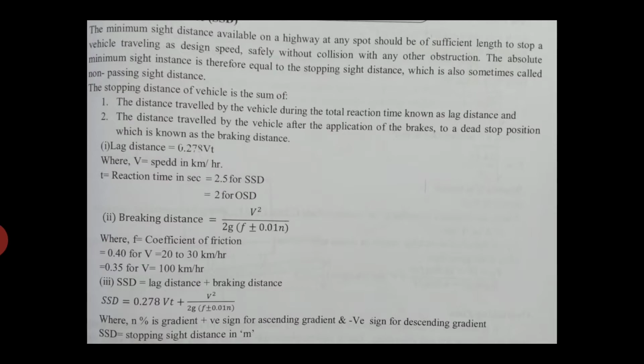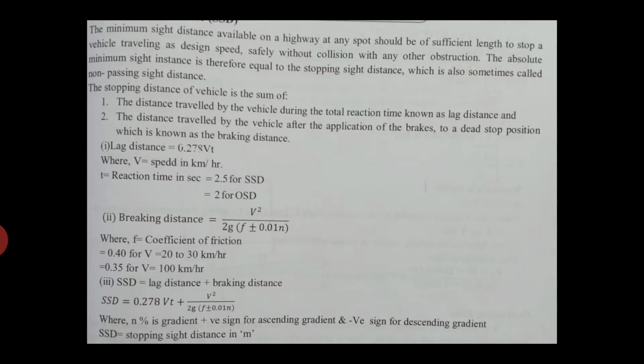Put in proper words, the minimum sight distance available on a highway at any spot should be of sufficient length to stop a vehicle traveling at design speed safely without collision with any other obstruction. It is also known as non-passing sight distance.